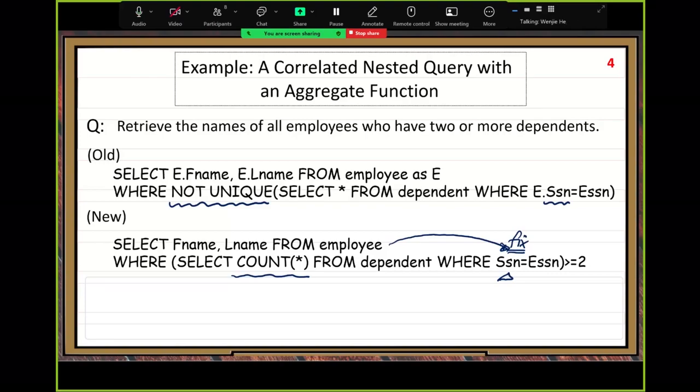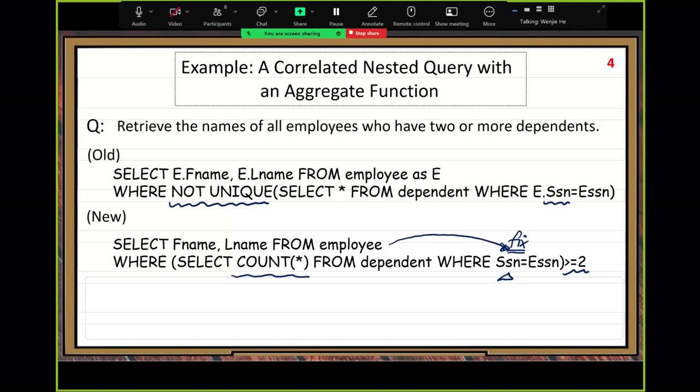But then we count how many times the same SSN appears in that dependent table. That count number, we compare it with 2, greater or equal to 2. In that way you can write this query statement.